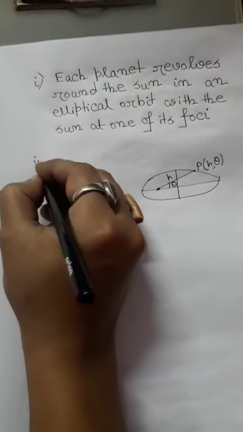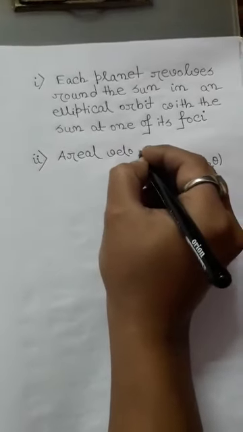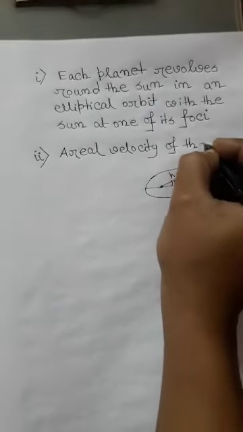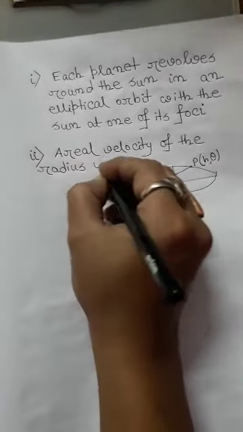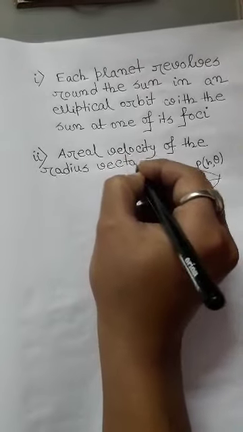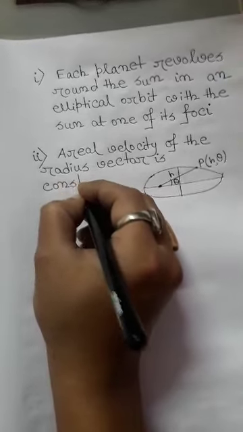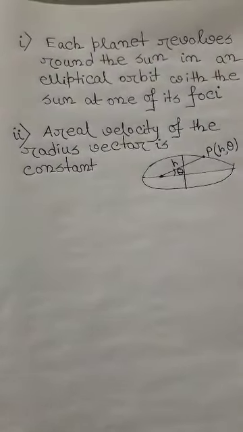The second law is that the areal velocity of the radius vector is constant. Areal velocity means the area swept out per unit time, and this is constant.